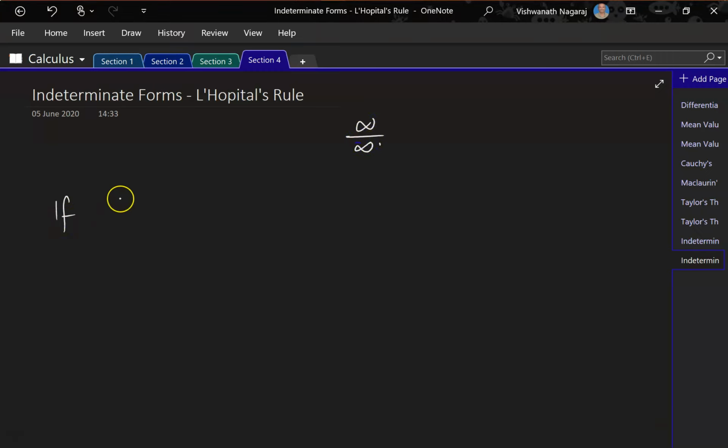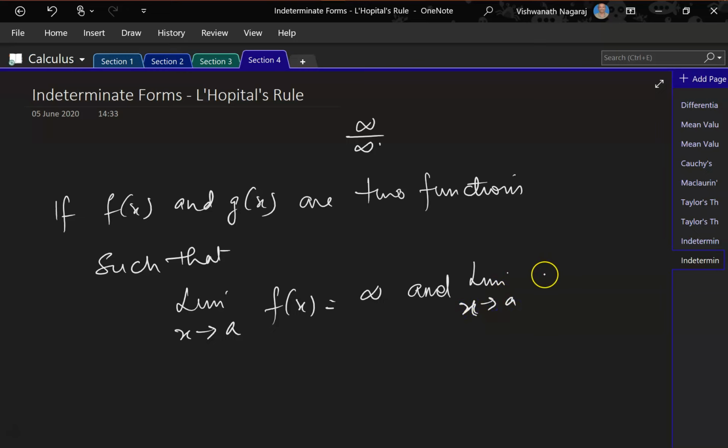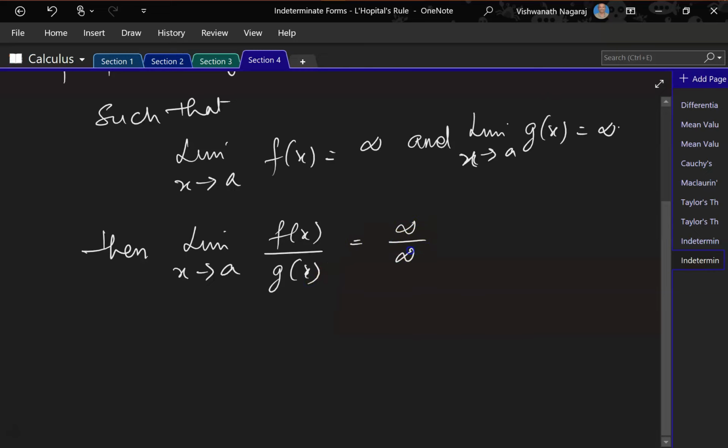So if f of x and g of x are two functions such that limit as x approaches a of f of x is equal to infinity and limit as x approaches a of g of x is equal to infinity, then limit as x approaches a of f of x by g of x would become infinity by infinity.